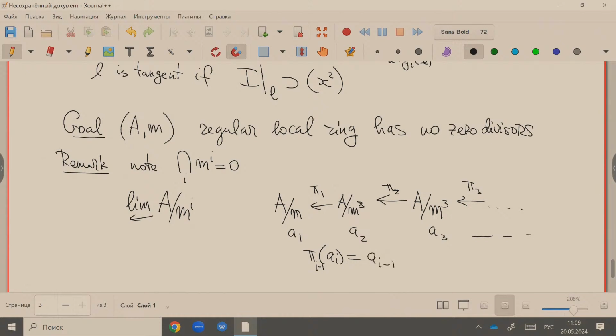This is the consistency condition. One can see that this set of sequences forms a ring, so you can multiply these collections of elements. This kind of limit is the collection of such sequences.